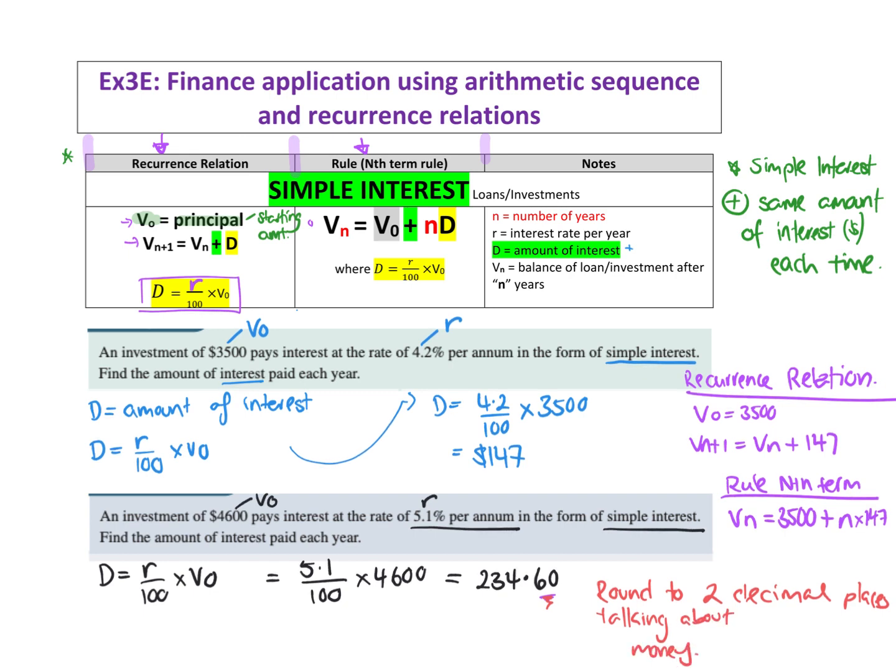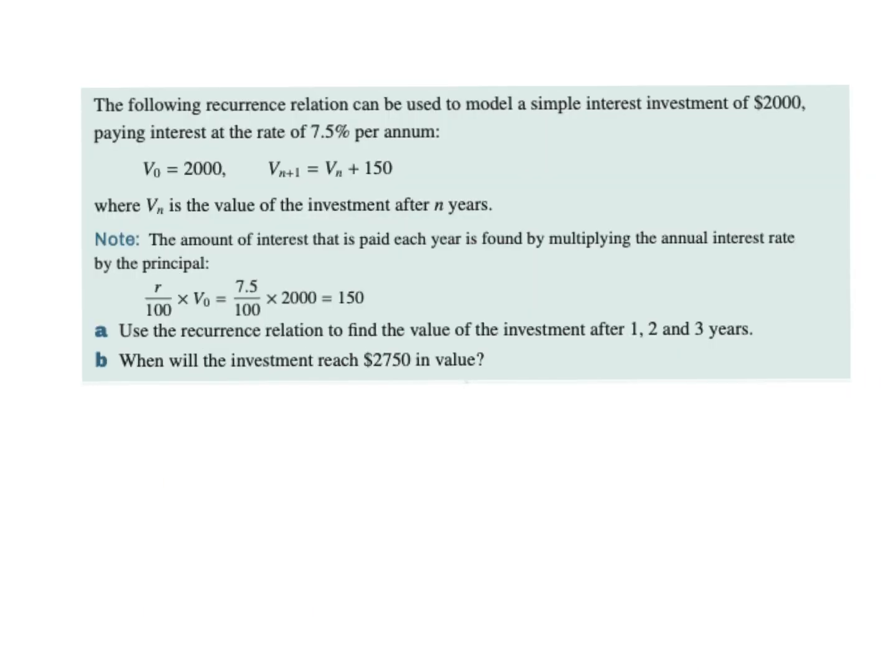Okay, the following recurrence relation can be used to model a simple interest investment of 2,000. So you can see that they've put the V0, so that's the initial, and the interest rate is 7.5%. So what they did here, if we just want to have a look, this bit here, that was your D, that's the D value.